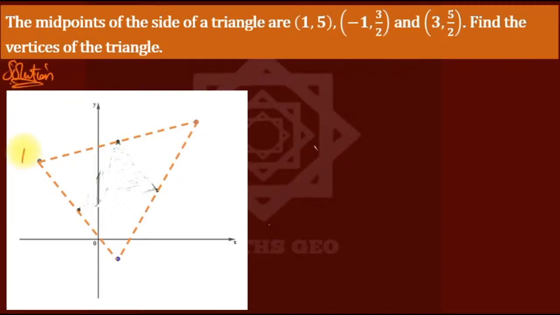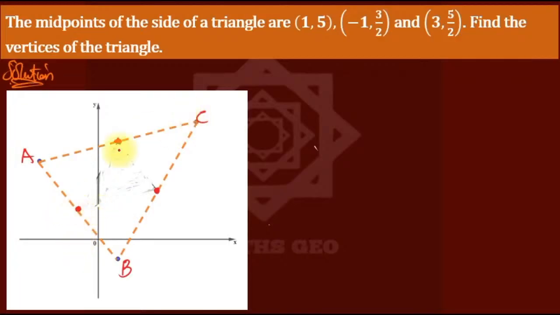So let's call this A, let's call this B, let's call this C. So the midpoints are this, this, and that. The coordinates are, this is minus 1, 3 over 2.